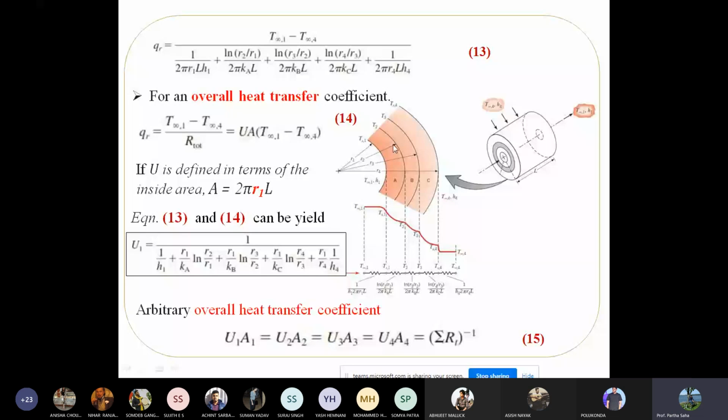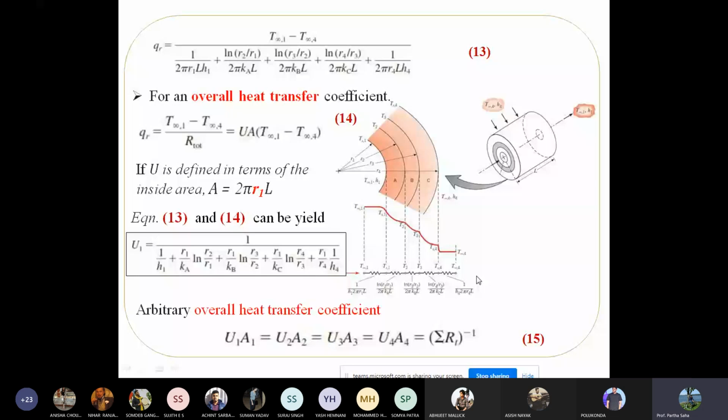Similarly, the next layer will be ln R2 by R1 over 2 pi Ka L, where Ka is the thermal conductivity of this second layer. The third layer will be ln R3 by R2 over 2 pi Kb L. The last one, ln R4 by R3 over 2 pi Kc L, and finally 1 by H2 2 pi R4 L.